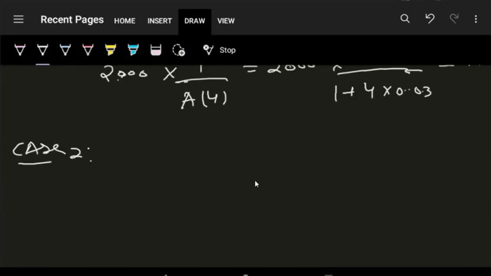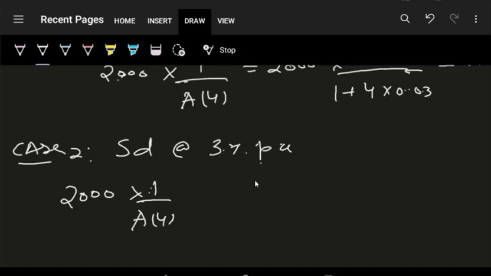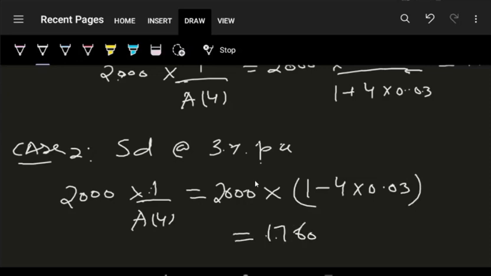In case 2 we have a simple discount rate at the rate of 3% per annum. Since it is a discount rate we are given, we will use 2000 into 1 upon A4. Since we are discounting, we will use the discounting factor 1 upon A4, or we can use directly the discounting factor as 2000 into 1 minus 4 into 0.03, since it's a simple discount, and the answer will be 1760.